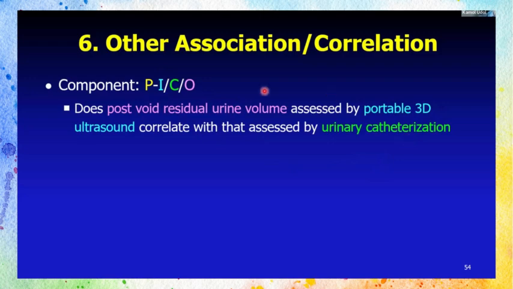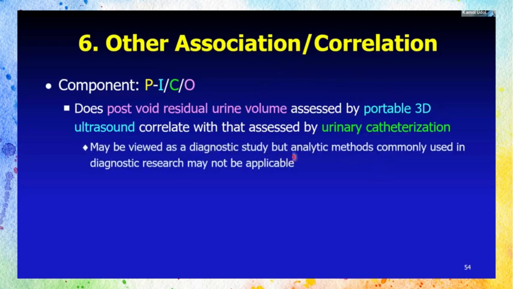So it's the association between this and this. You may view this as a diagnostic study. You may think that portable 3D ultrasound is a test to measure urine volume compared to the gold standard, which is urine catheterization. That is another view.